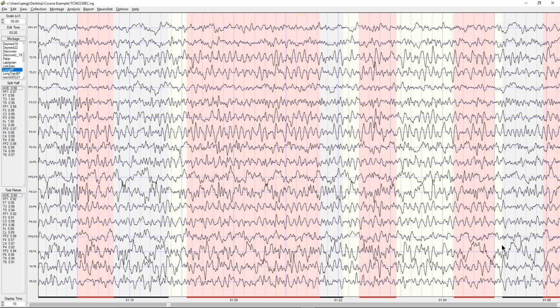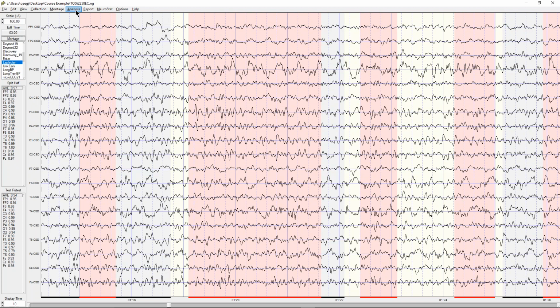We also see it at F8 and T4. So what we mean by a field is that we see it in multiple combinations that are not including the focus of the problem.